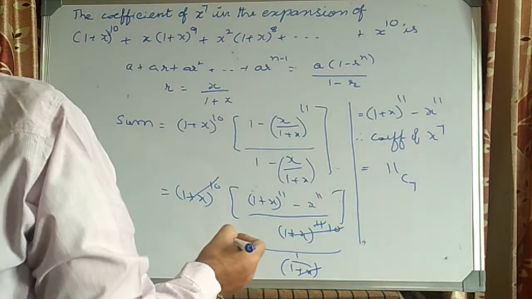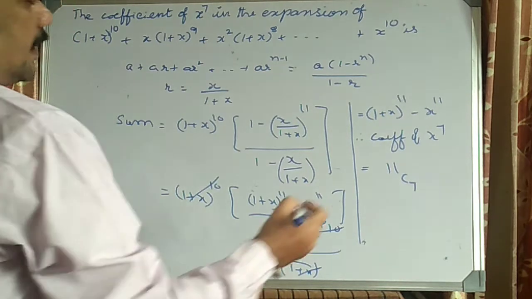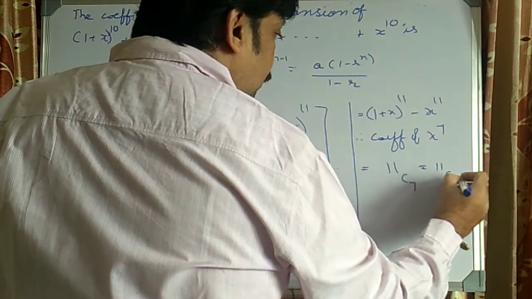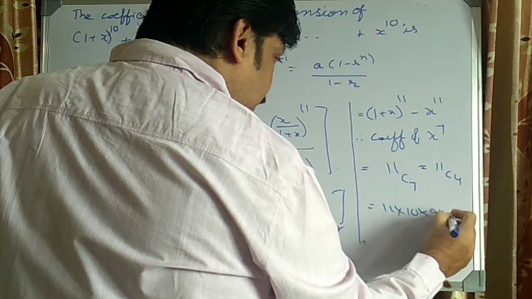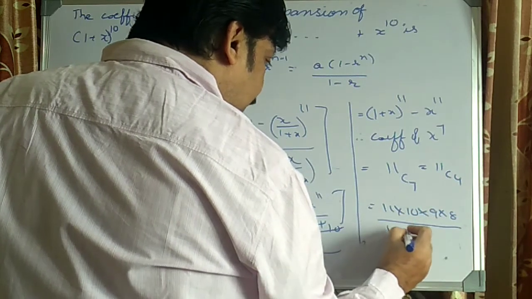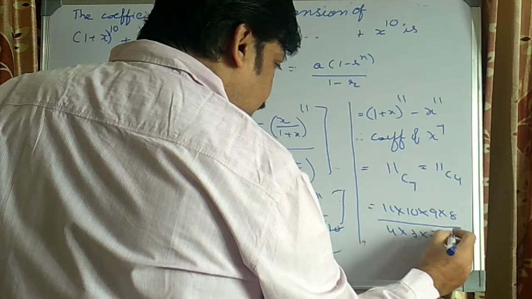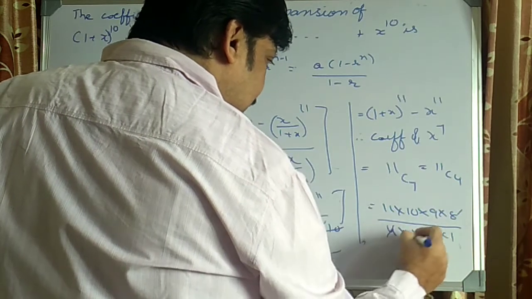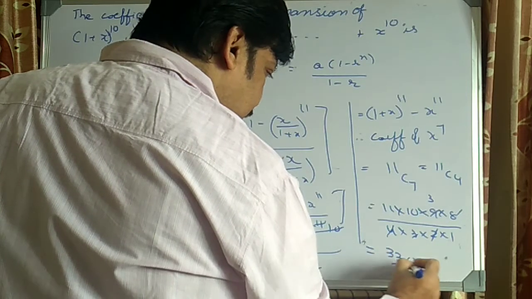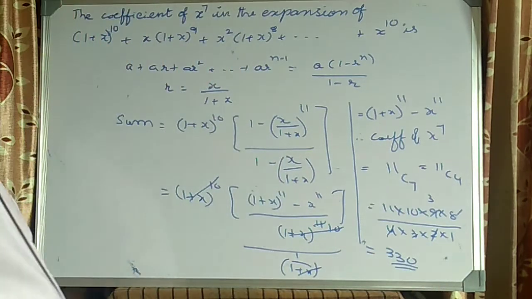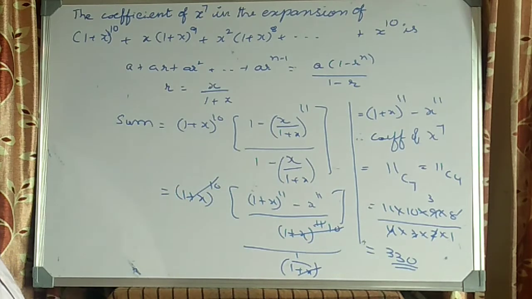You can calculate the value of 11c7, which is nothing but 11c4: 11 into 10 into 9 into 8 divided by 4 into 3 into 2 into 1. So 4 2s are 8 cancel, 3 3s are 9. So the total value will be 330. The answer is 330.